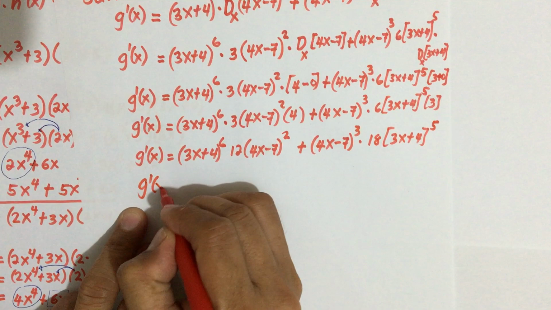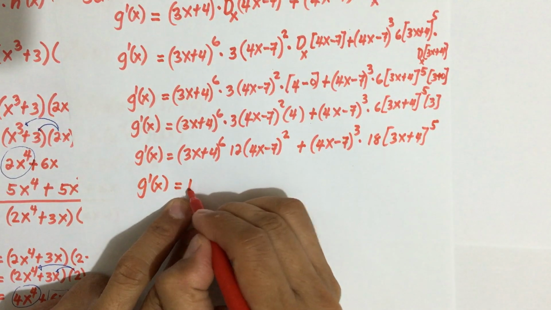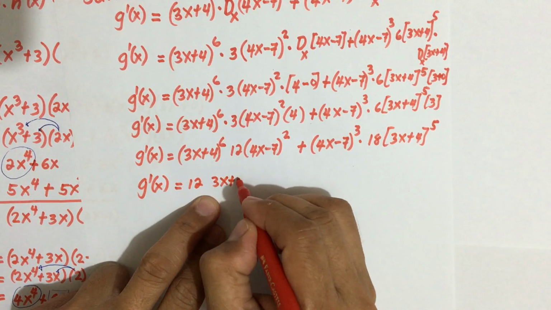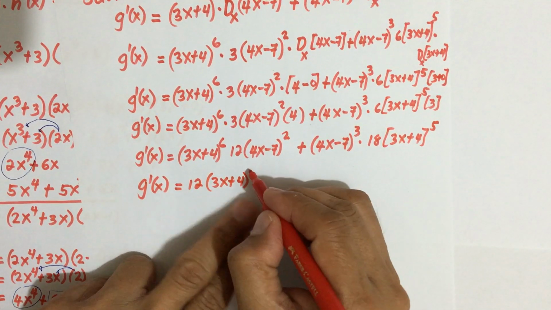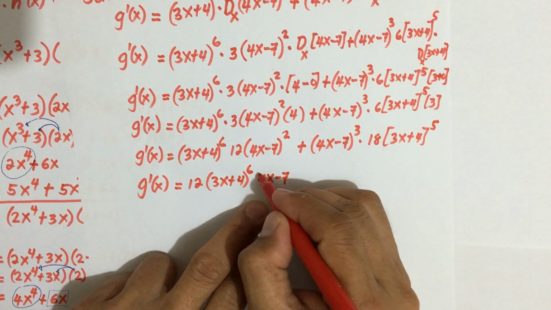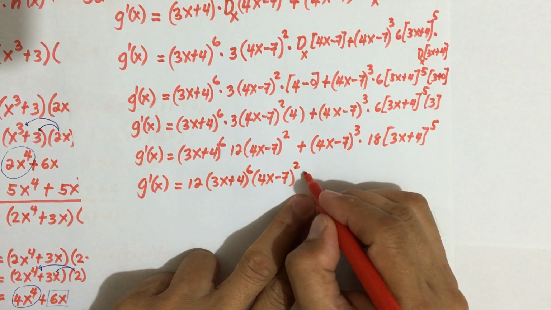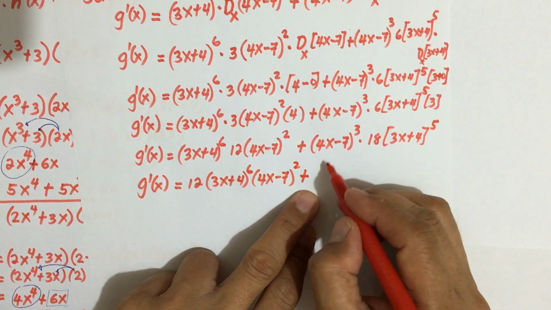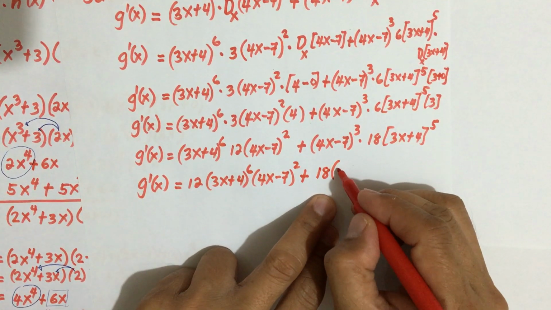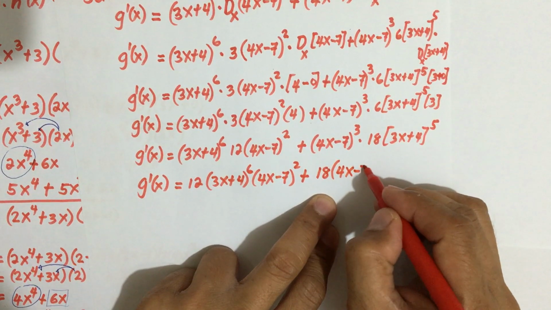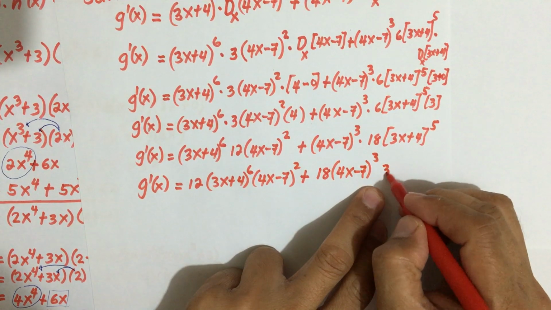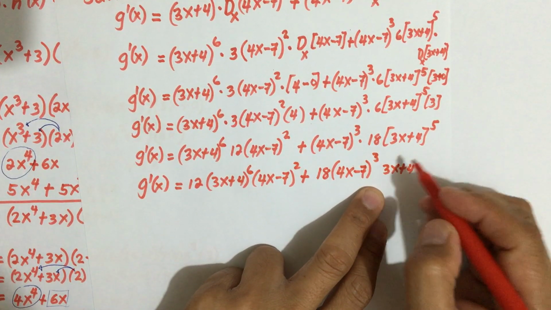So g prime of x equal to 12 times 3x plus 4 raised to a power 6 multiplied by 4x minus 7 raised to a power 2, then plus 18 multiplied by 4x minus 7 raised to a power 3, then times 3x plus 4 raised to a power 5.